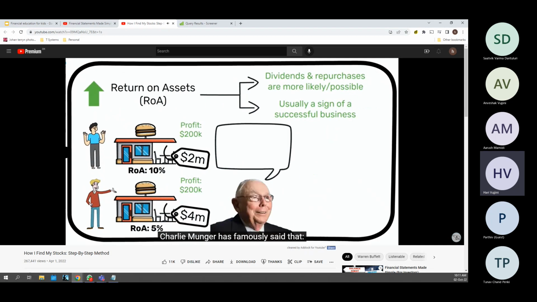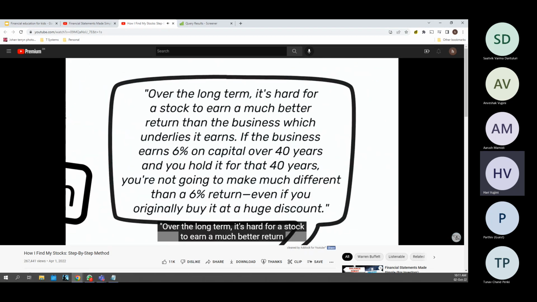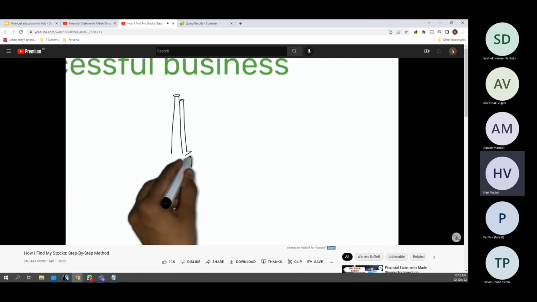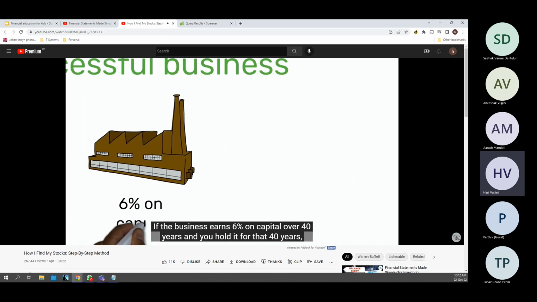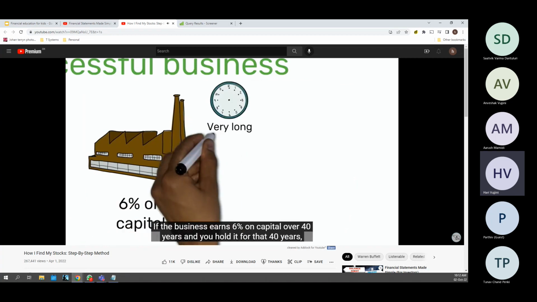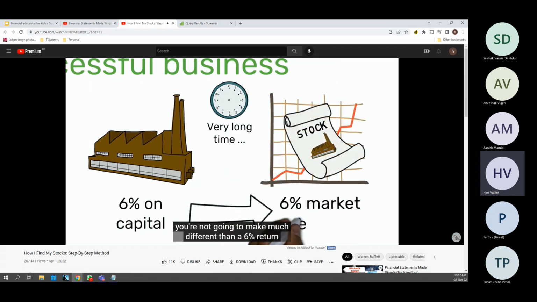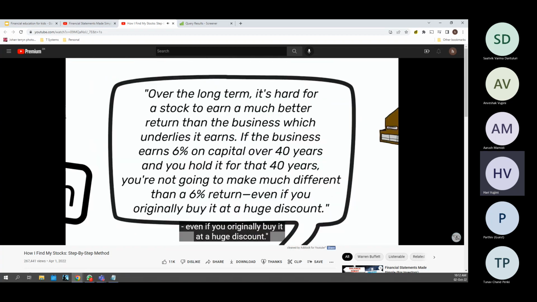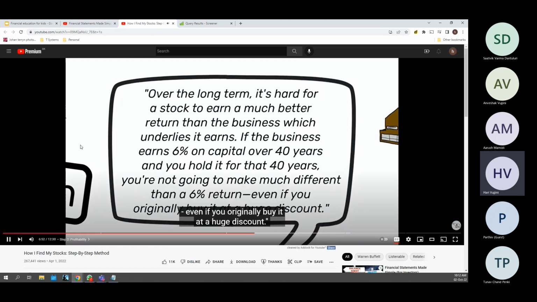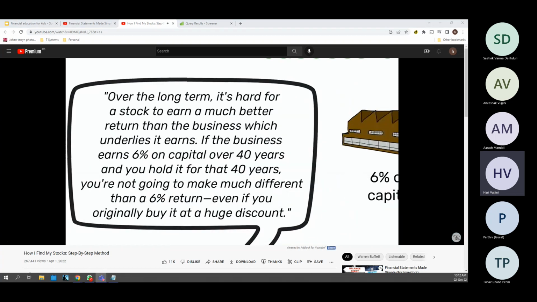Charlie Munger has famously said that over the long term, it is hard for a stock to earn a much better return than the business which underlies it earns. If the business earns 6% on capital over 40 years and you hold it for that 40 years, you are not going to make much different than a 6% return, even if you originally buy it at a huge discount.